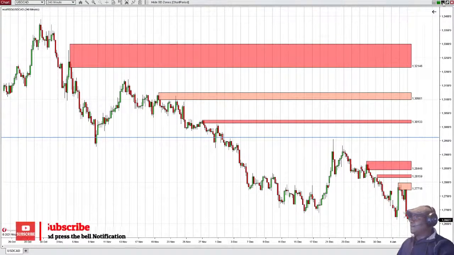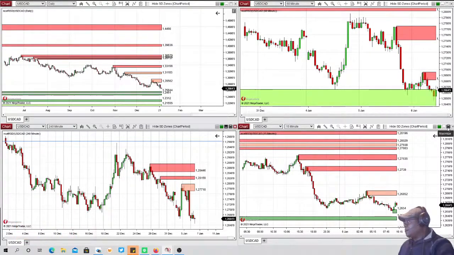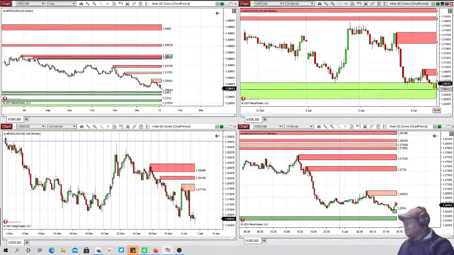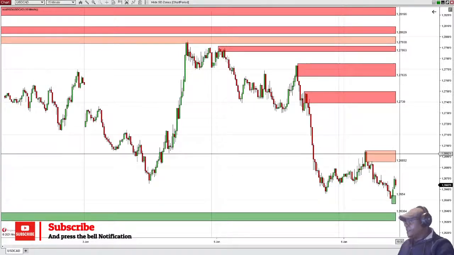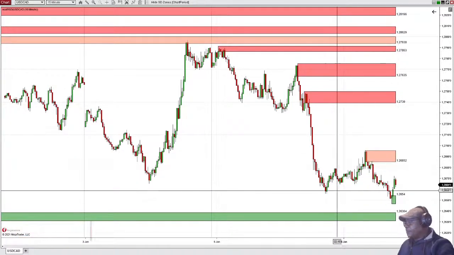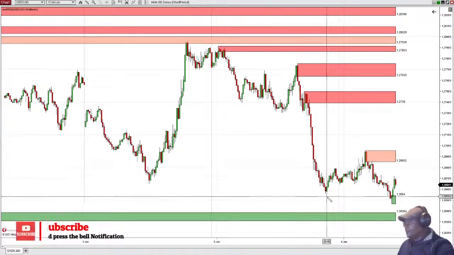So let's see if we can get a trade for today. USD CAD 15 minutes. I'm not looking at the 1 hour today. The 1 hour is telling me it wants to go up. I believe the 15 minutes is telling me it has a potential of bouncing back up. For me, no problem. Let me look at the trend line.